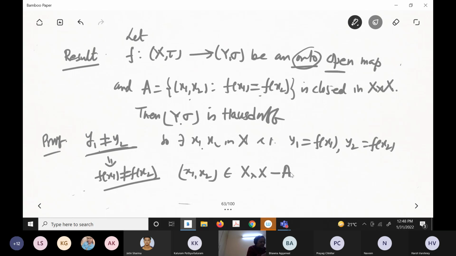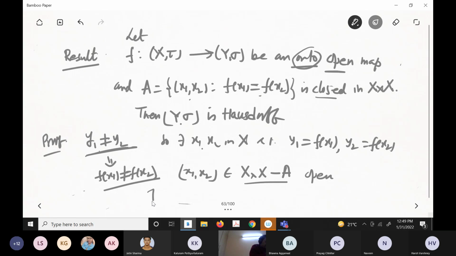Fine. Now look what I'll do, how I'll use product topology. I'm basically teaching something about product topologies, how to use them. Look, A is closed there. So this is open in the product topology. But in the product topology, how do I handle it? This is an open set containing that point. That means I'll have to go for a basic open set.